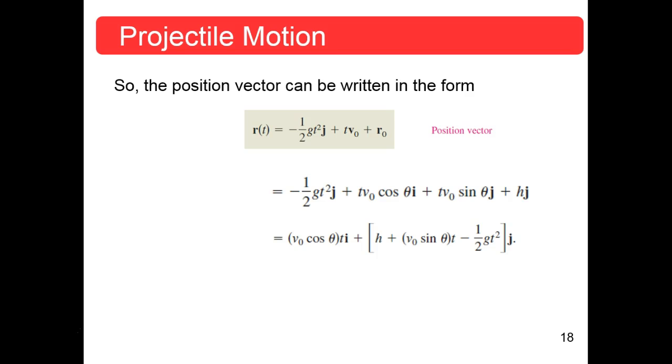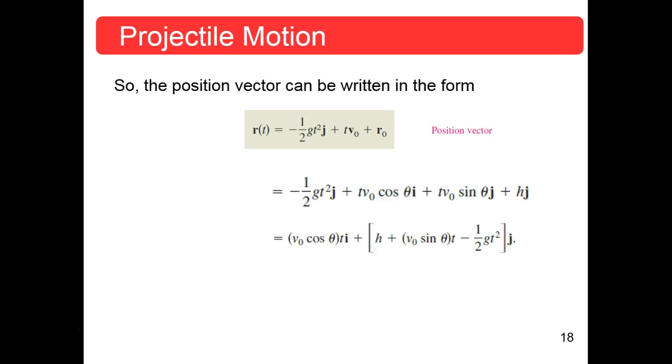But now this initial velocity vector is v0 cosine theta i, so it's t times that, plus t times v0 sine theta j, plus h, that's your initial height. So this is your next most generic form, where you know your initial speed, the angle, and your initial height.